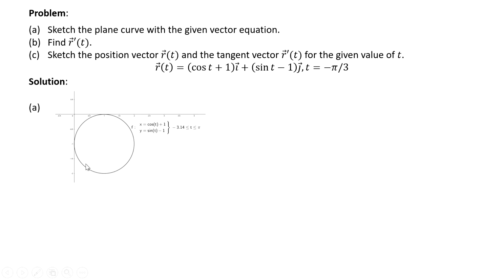I drew, and automatically it drew this circle for me. Okay, and that's your vector curve. It's not quite a space curve because it's in 2 dimensions.